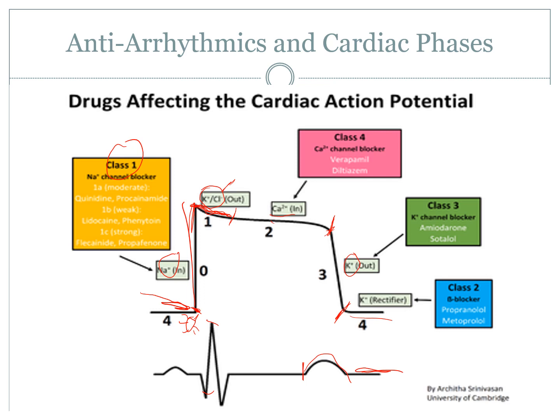Our class 4 antiarrhythmic drugs are our calcium channel blockers. Class 2 is your beta blockers, and your class 3 is your potassium channel blockers, which is mostly where our amiodarone sits.